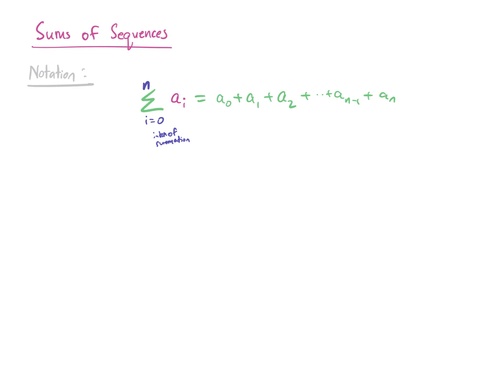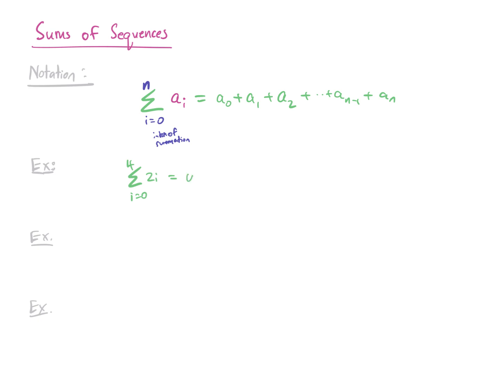So here are a few examples of this in action. Let's consider first the sum from i equals 0 up to 4 of the sequence with the formula 2 times i. What I have to do here to evaluate the sum is plug in all the values of i possible between 0 and 4 inclusive.